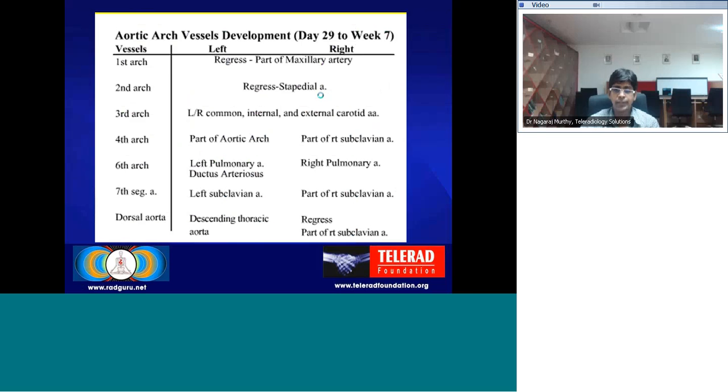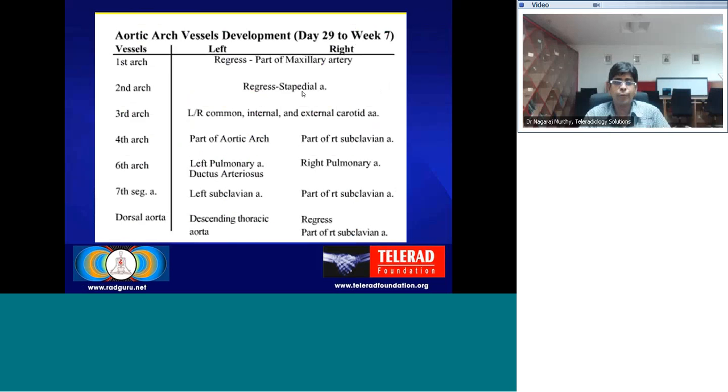So, in brief, the first arch vessels regress except for part of the maxillary arteries. Second arch also disappears except for a part of the stapedial artery. The third arch on both sides forms the common carotid arteries and its branches.